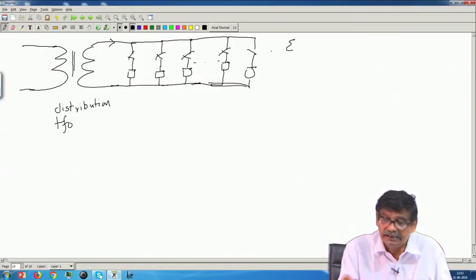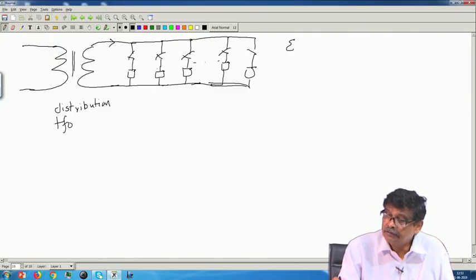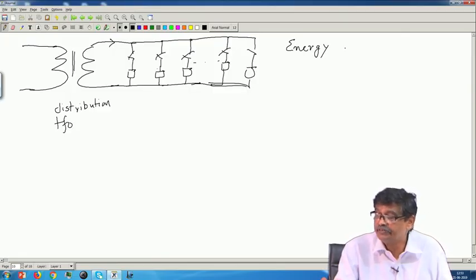That is why this type of transformer should be judged not from the point of view of power efficiency, but from the point of view of what is called energy efficiency, or all day efficiency.